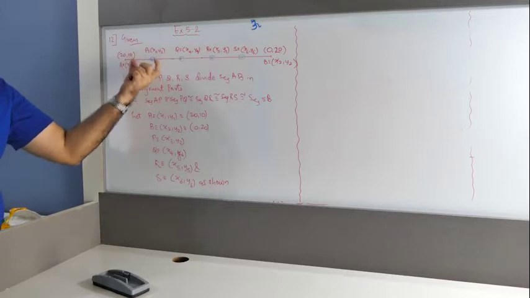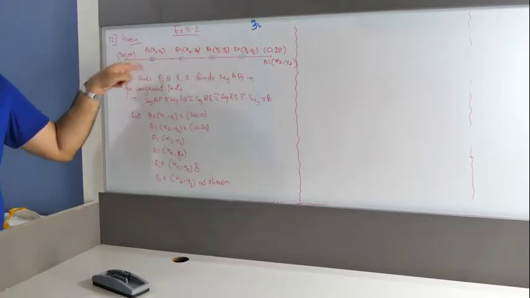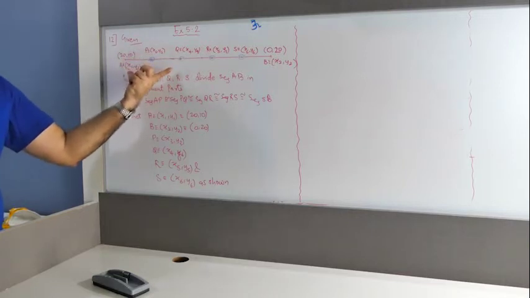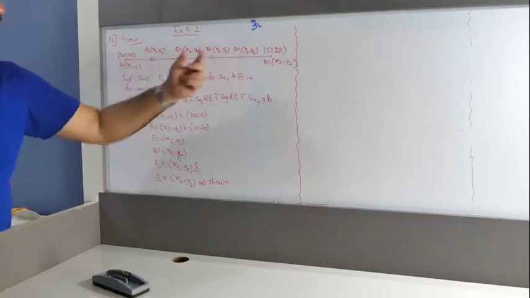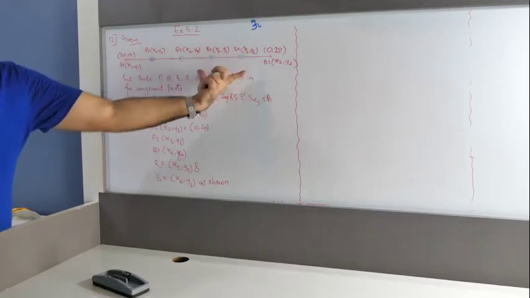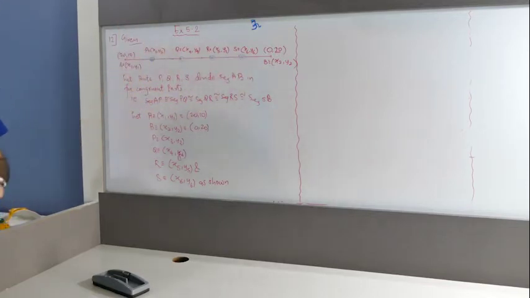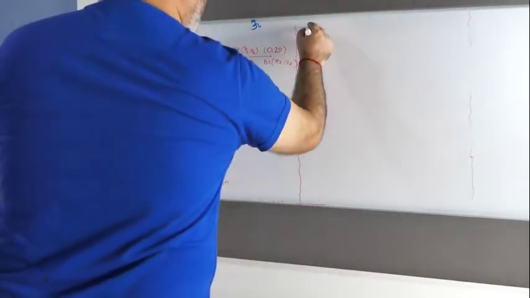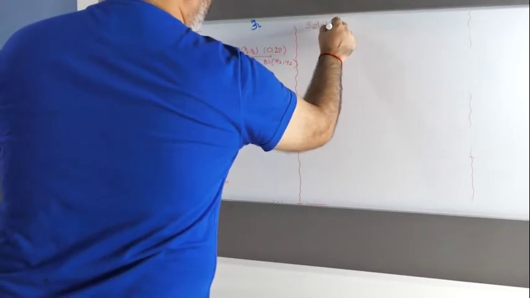In AQ, how many parts do you have? 2 parts, right? AP and PQ. These 2 parts make AQ. QB is made up of 1, 2, 3 parts. So what is the ratio between AQ and QB?